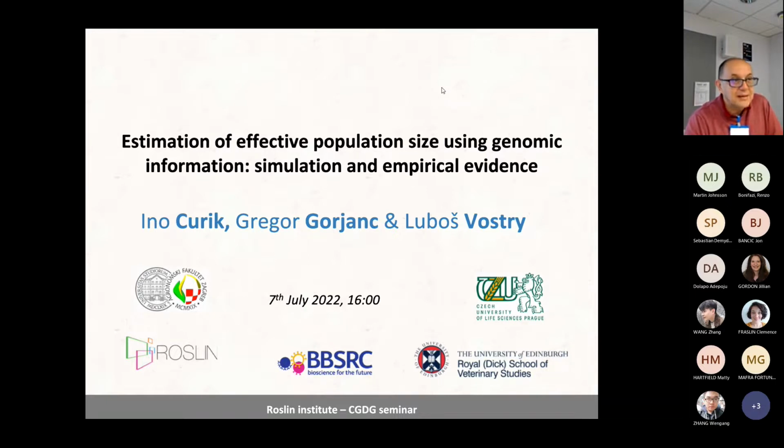So this is one idea how to try to derive effective population size by using runs of homozygosity. This is a very old idea that came from almost 10 years ago, from the Croatian-Slovenian bilateral project at that time.